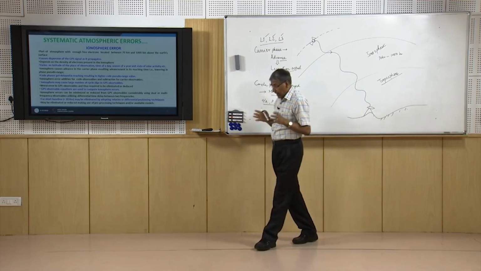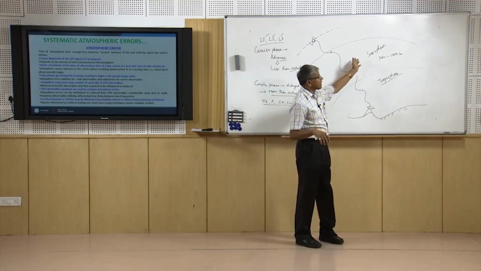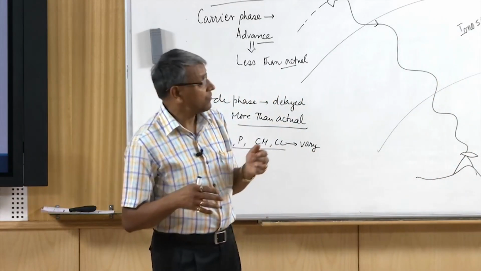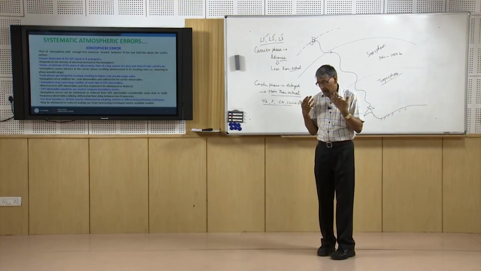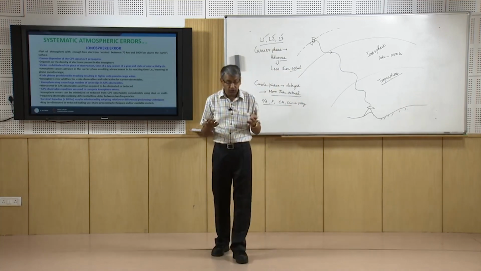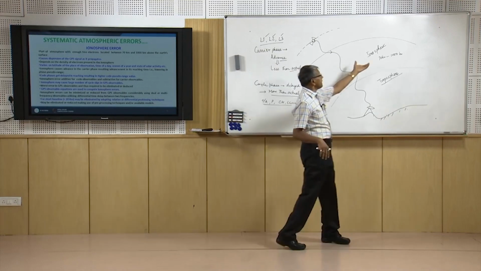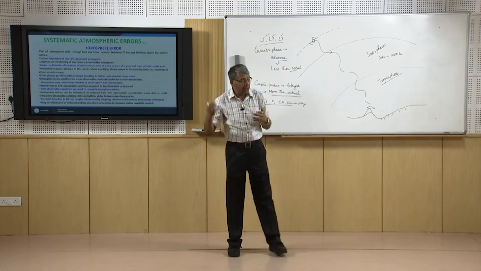Ionospheric activity depends upon the position of the sun, the time of day, and the latitude of the place of observation, as well as activity in the upper atmosphere.